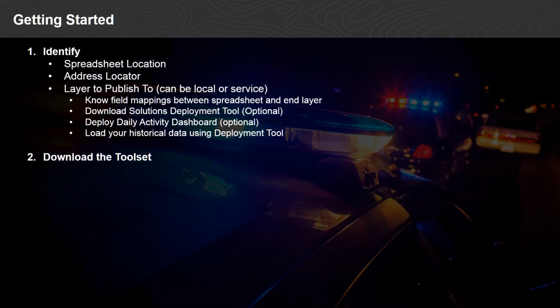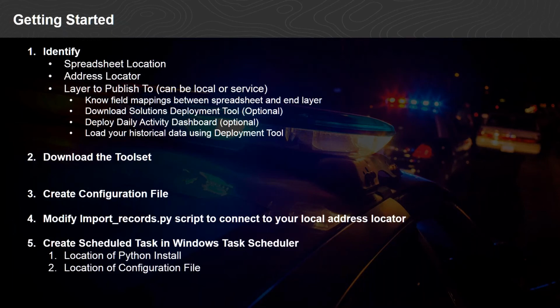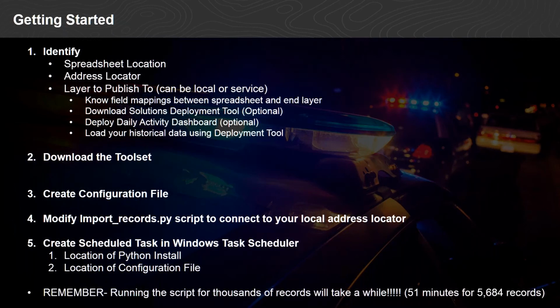From there, once you've got the basics set up, you can download the tool set, just like I showed you. Then you'd go create that configuration file. You would modify that import records script, and you then would set up the scheduled task where you need to point it to the location of your Python install, the location of your configuration file, and the import record script itself.